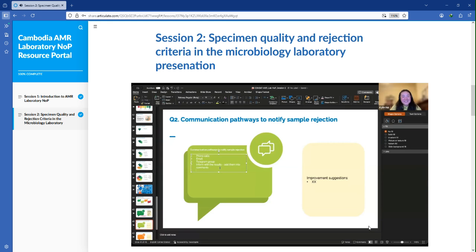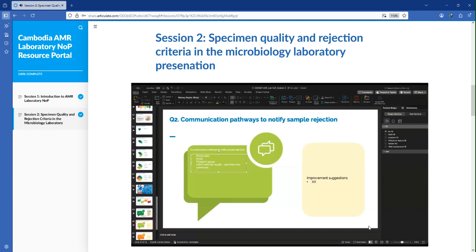Does that answer your query? That was what I was thinking, but I couldn't put it into words. That's okay, but you're on the right track. So it can be used for many different samples. It just depends on what information you want to convey.